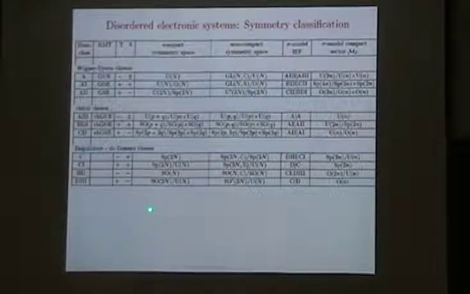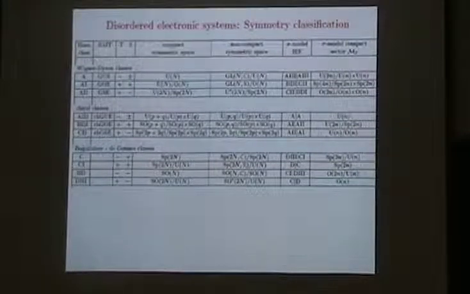I understand that Alex explained that there is a relation between the symmetry classes and families of symmetric spaces, both on the level of the Hamiltonian and on the level of the sigma model. For example, take class A, which is a class with no symmetries at all, as discussed in the context of quantum Hall effect.